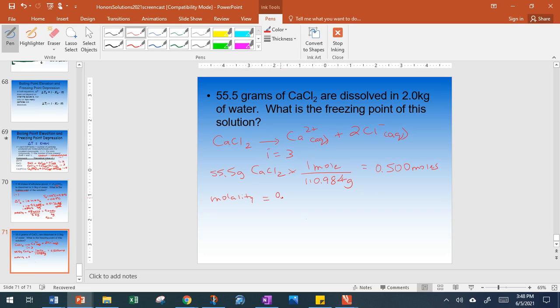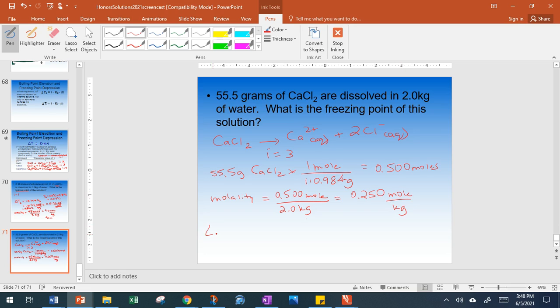And then the molality is equal to 0.500 moles divided by 2.0 kilograms. And this is kilograms. That's good. If it weren't, we would have to convert that. And then we divide that by 2. And we get 0.250 moles per kilogram. Okay, so this one's asking for the freezing point.